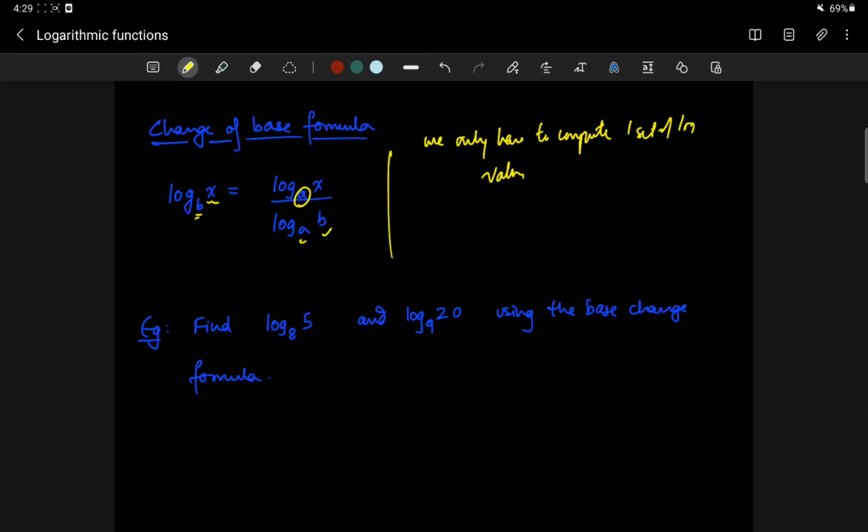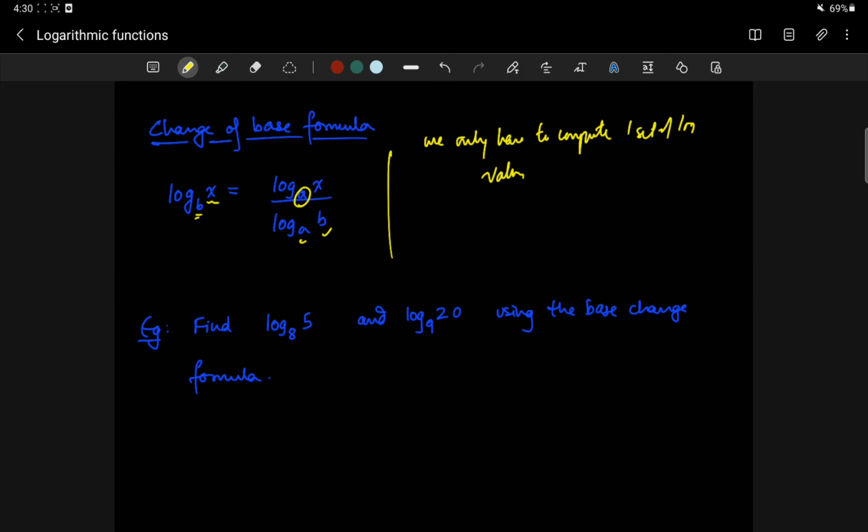And so the way this works is, if we have this base change formula, then you only need to have one set of log values. So even if I ask you log base 7.3 of 39.6, then I don't have to recompute that. I can just look at, say, log base 10 of that number, and I can still figure out the value.